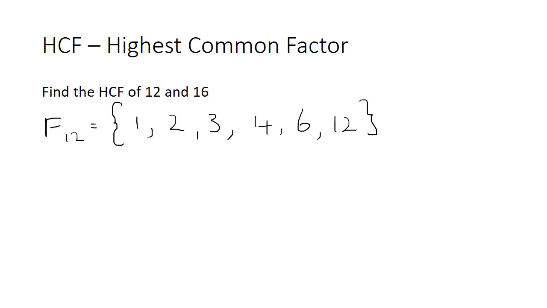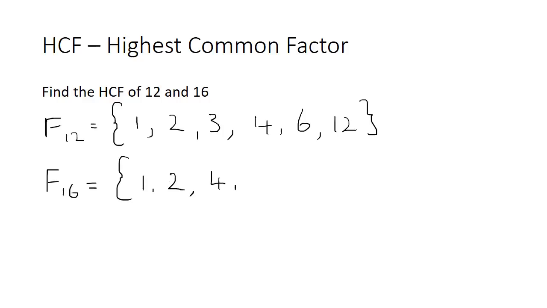Then I'm going to list the factors for 16. The factors of 16 are always the 1. Can I count in 1s up to 16? I can. I can count in 2s up to 16. Can I count in 3s up to 16? No, I can't do that. How about 4s? I can count in 4s, 4, 8, 12, 16.